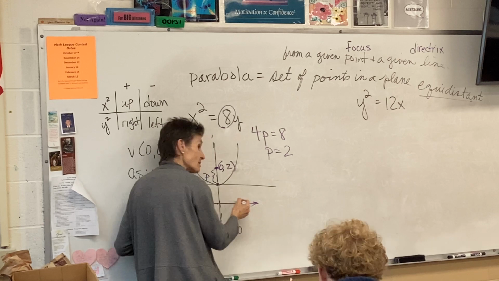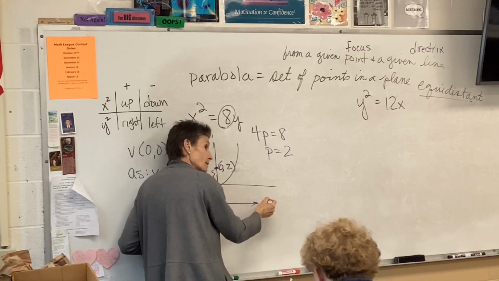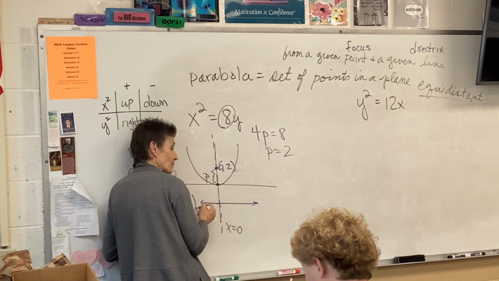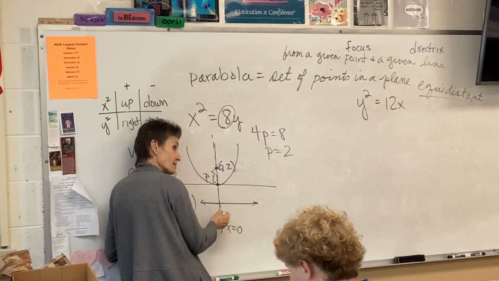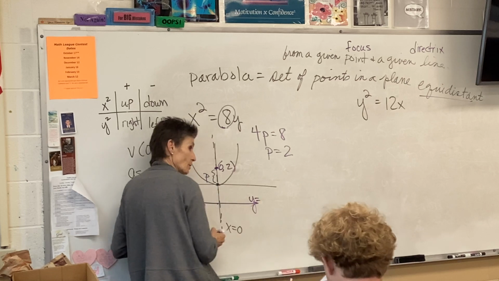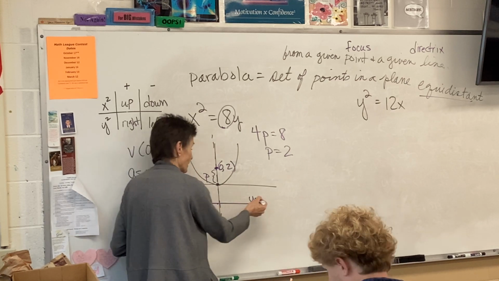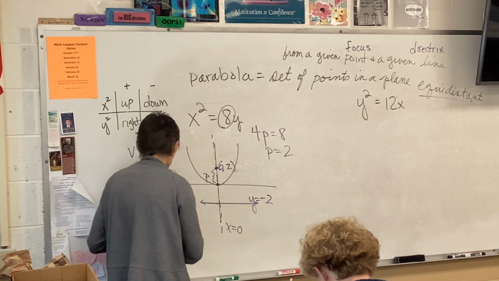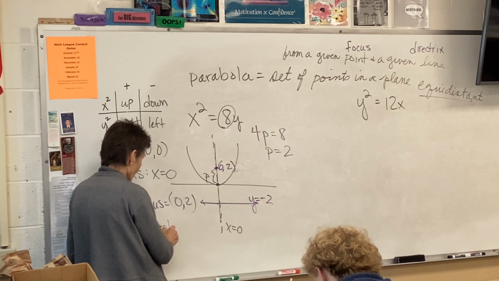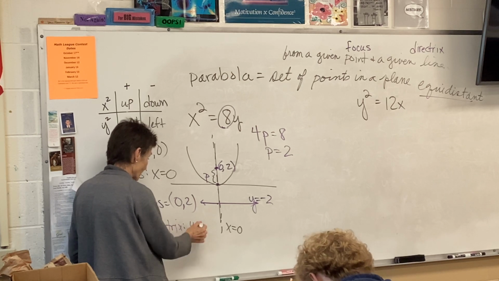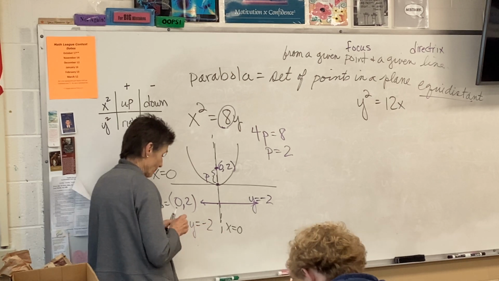Anybody want to take a guess? What is the equation of this line? Well, it crosses the y-axis, so it's going to be y equals what? It came down 2, so it's y equals negative 2. That's your directrix. Your directrix is y equals negative 2.